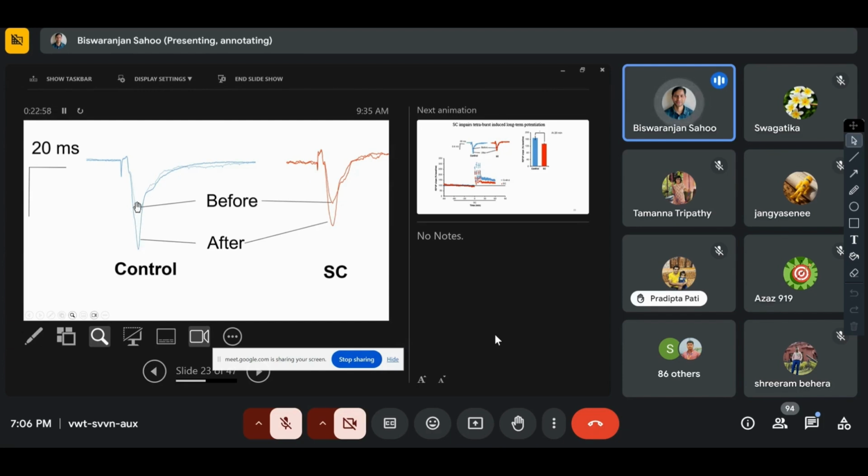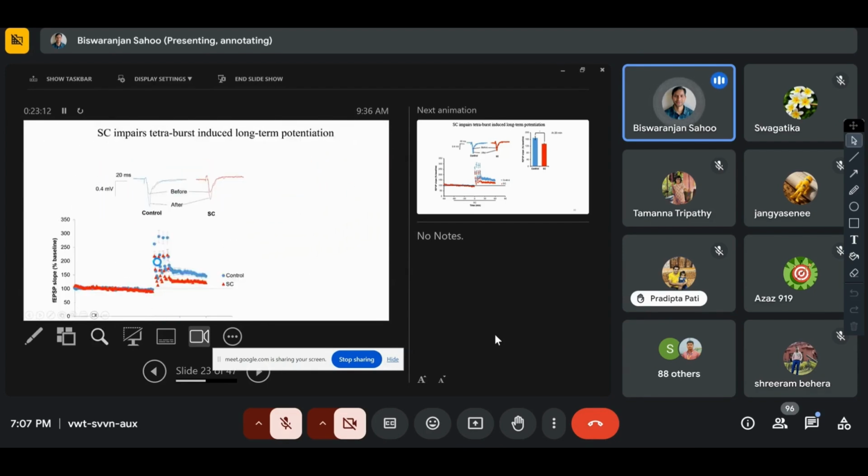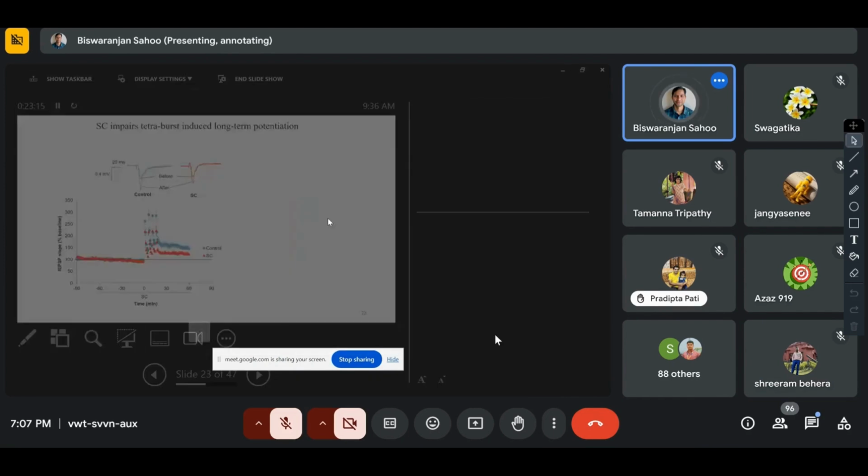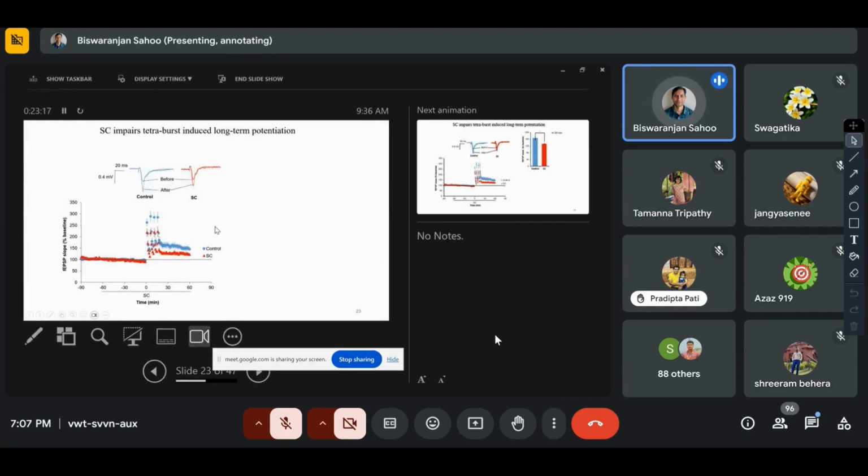Before and after, there is an increase in the response in the control, and in the sodium chlorate-treated slices you can clearly see a reduction in the response.